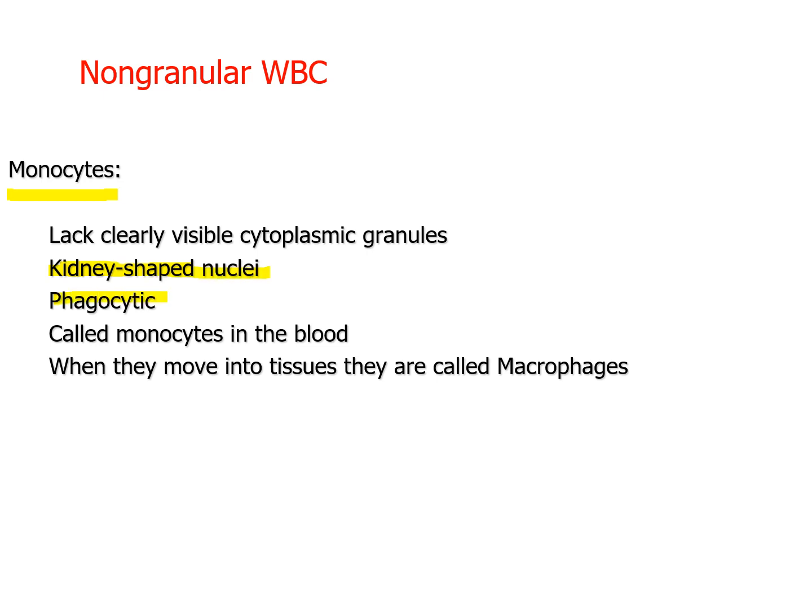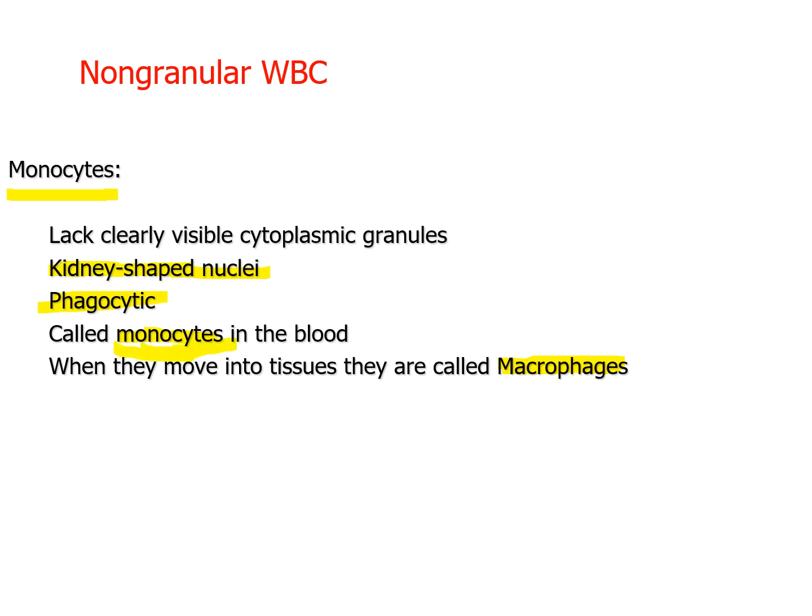They are highly phagocytic. They're the other main type of phagocytic cell in the body after neutrophils. When they're in the bloodstream, they're called monocytes. As soon as they move into the tissues, they are called macrophages. So you find macrophages in the tissue, having left the bloodstream, while in the bloodstream, they're monocytes.